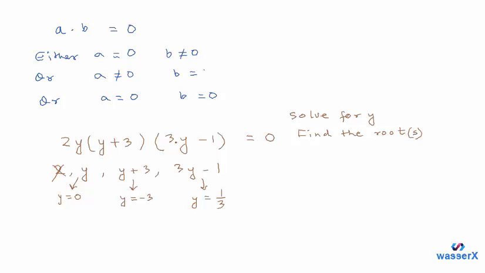All of them cannot be 0 at the same time because y cannot be 0 and -3 and 1/3 at the same time, right? So one of these, of course, is 0. The others aren't. So we would say the roots of this equation are y is equal to 0 or y is equal to -3 or y is equal to 1/3.